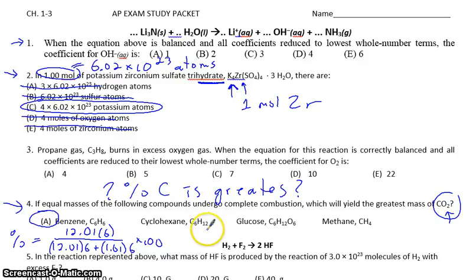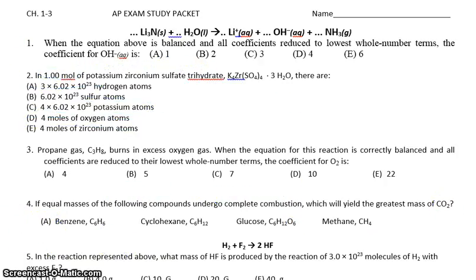This one here has more hydrogens, twice as much hydrogen as this one. So this one has less carbon percent. This one actually has a lot of oxygen, which cuts down on the carbon percent for sure. And this one is 1 to 4 carbon to hydrogen, where this one was 1 to 1. This one was 1 to 2, incidentally. So that's why benzene wins. All right, take a look at the next one here.